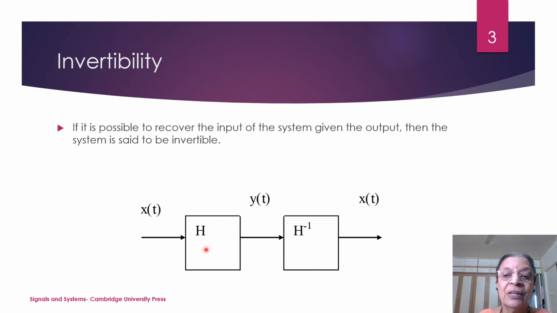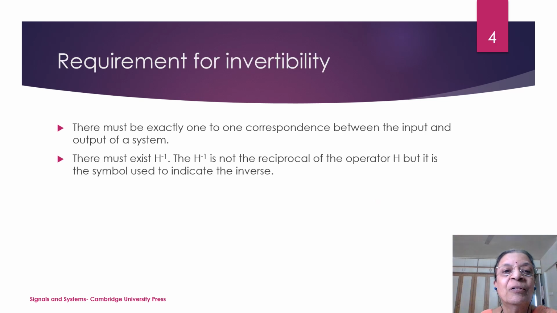Given the system H, if I convert x(t) into y(t), H inverse will convert this y(t) into x(t). So, I must be in a position to revert back to the original signal x(t). If it exists, then we say that the system is invertible.